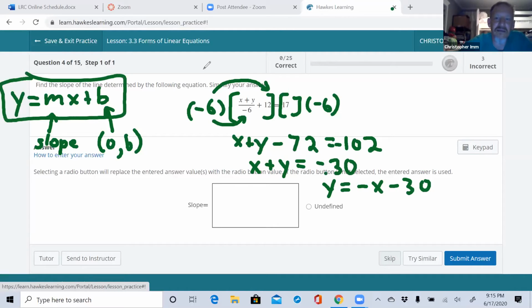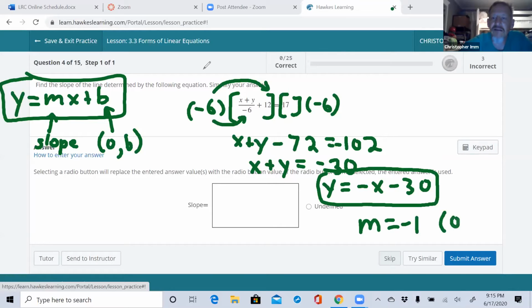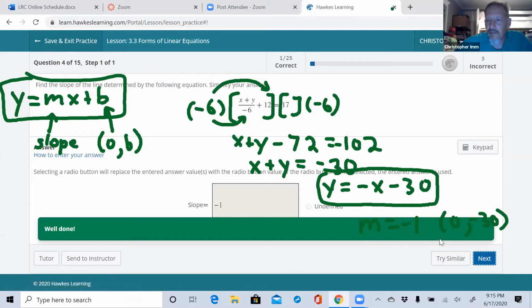What this tells me is that the number in front of the x, -1, is my slope. And my intercept, the place where the line is going to cross the y-axis, is (0, -30). So if I'm looking for my slope, I should be able to say my slope is -1. Okay, and that one's right.